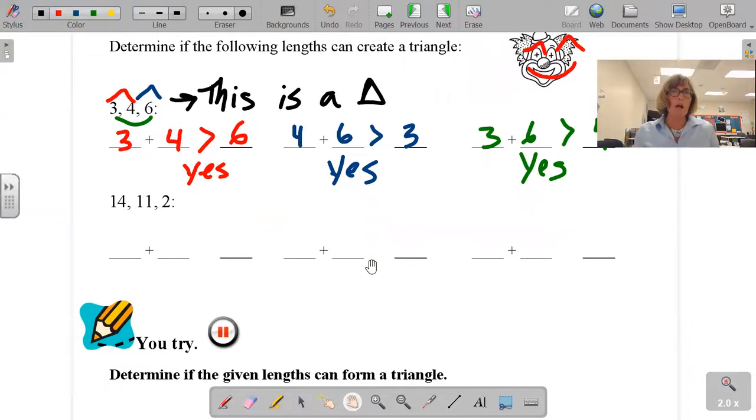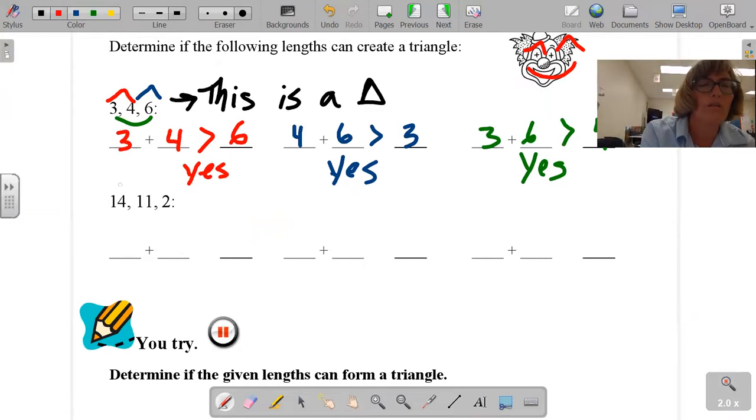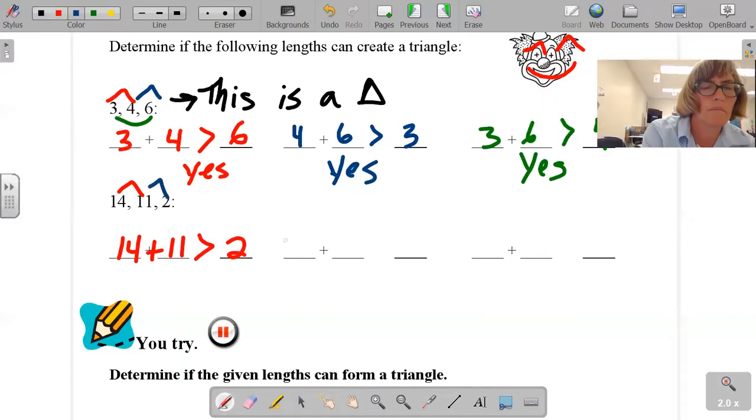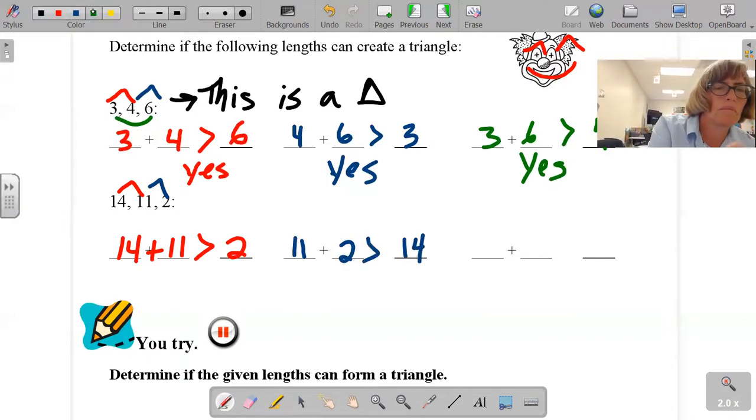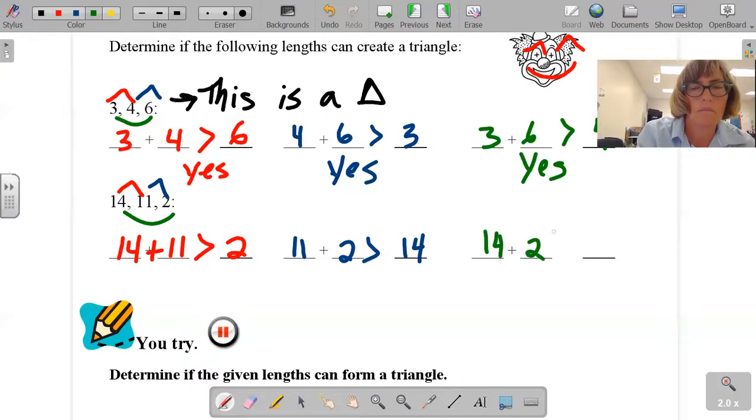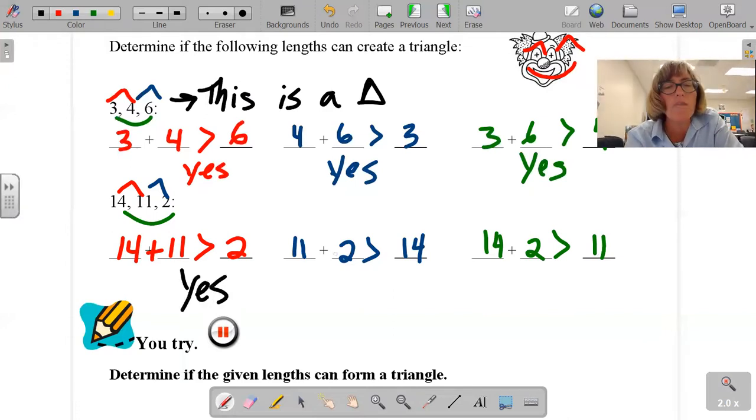Let's try eyebrow, eyebrow, smiley on this one. Clown face, eyebrow. Let's check to see if these are true. 11 plus 14, 25 bigger than 2, that's a yes. 11 plus 2 is 13, bigger than 14.